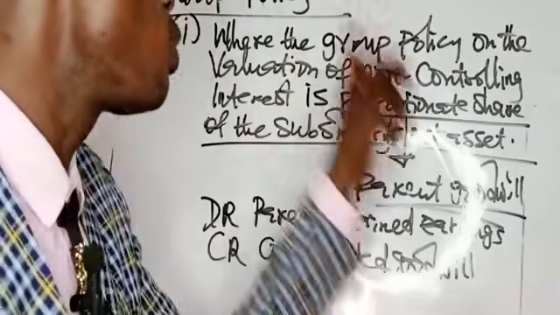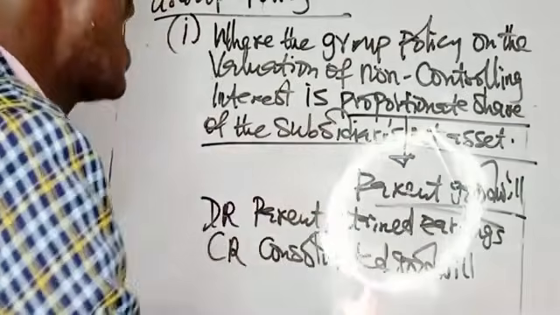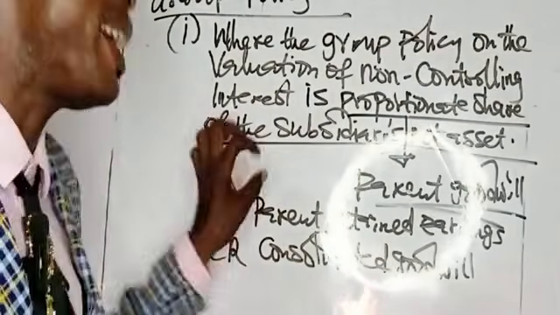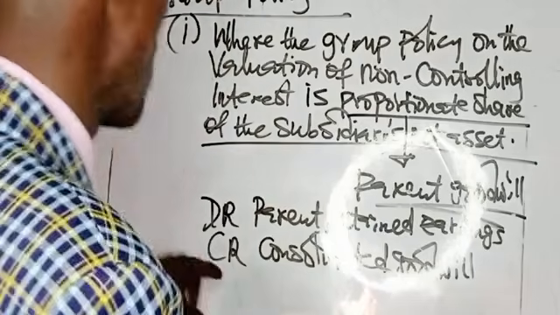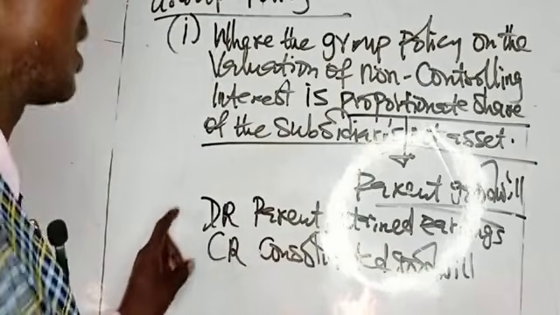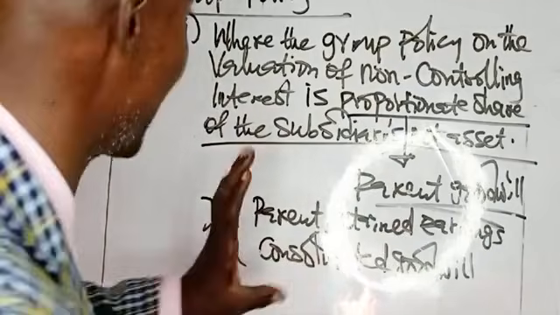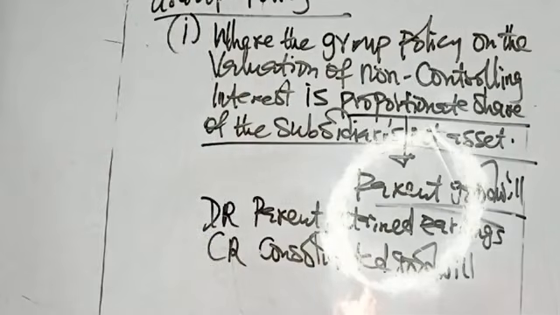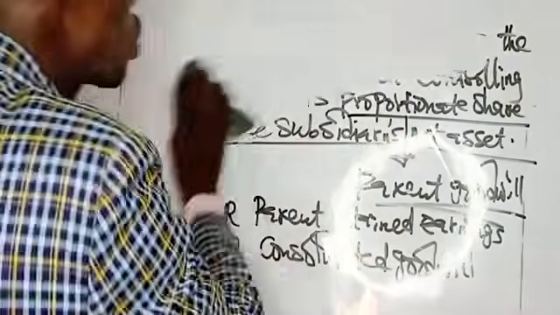So if that goodwill is impaired, the parent company is going to bear the whole of the impairment loss. That is why we debit the parent company's retained earnings and credit consolidated goodwill. You don't need to use it in the summary of subsidiary net assets, since the whole of the impairment loss belongs to the parent company.